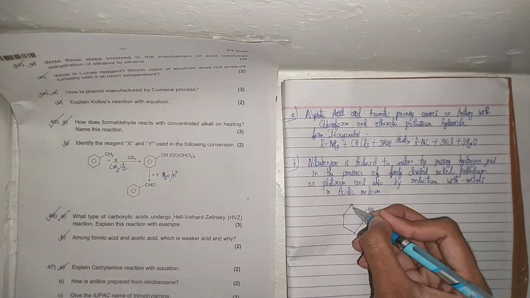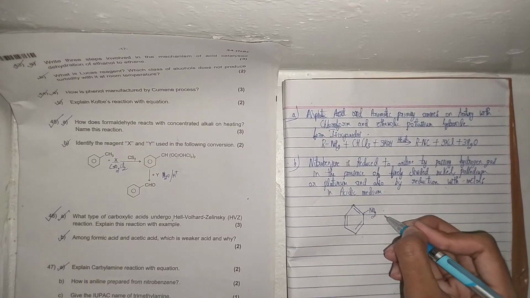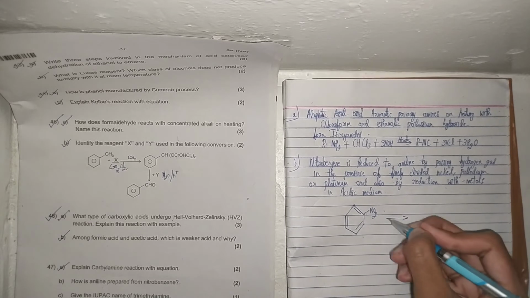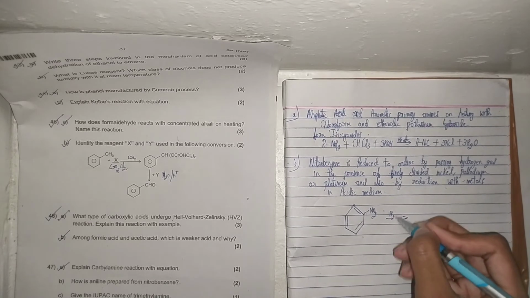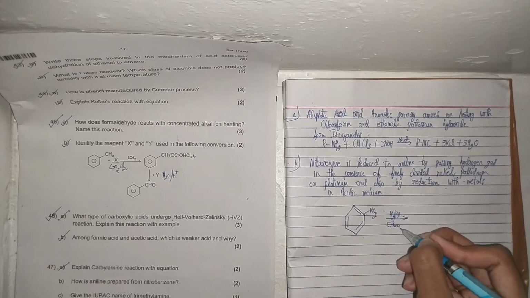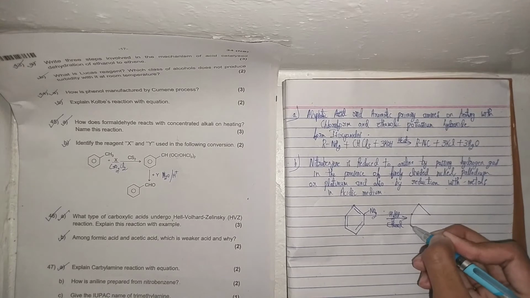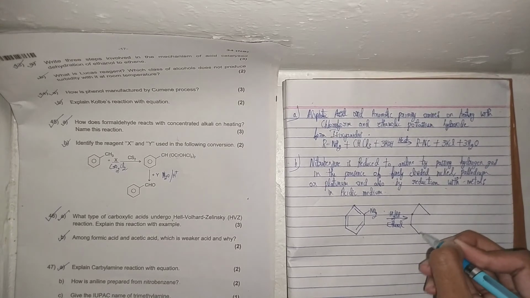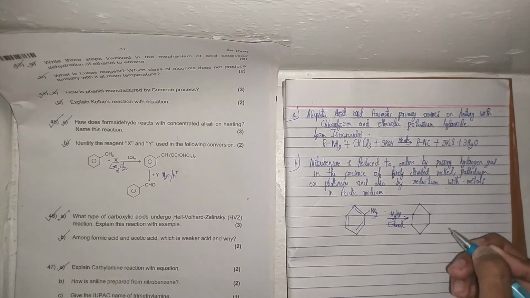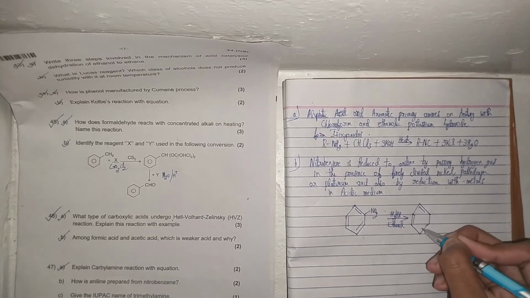NO2, H2, Pd, ethanol, we will get aniline. Here I'm making mistakes, drawing over the structure, so don't do like that.